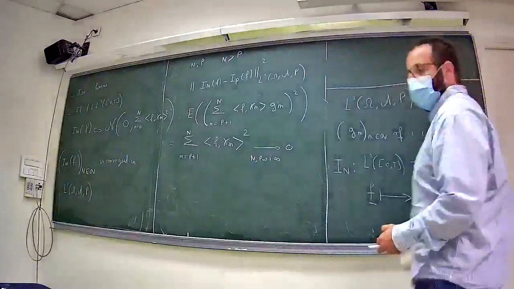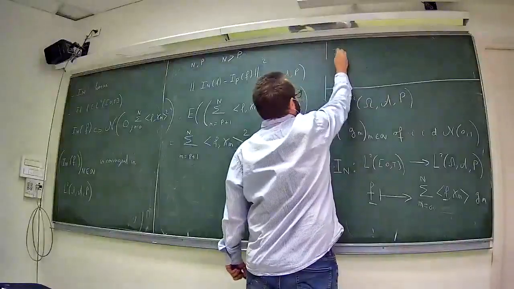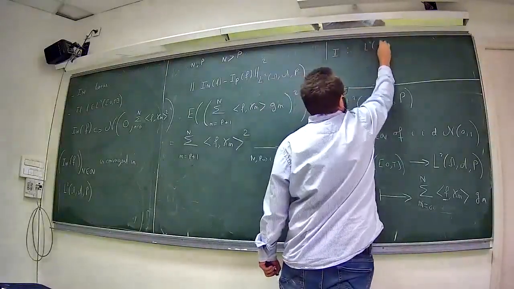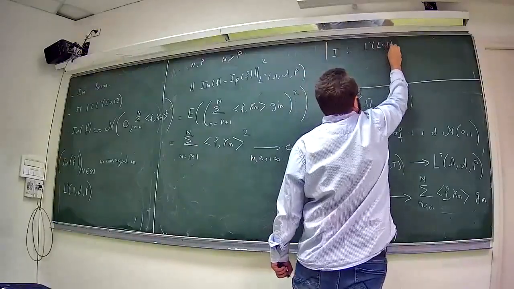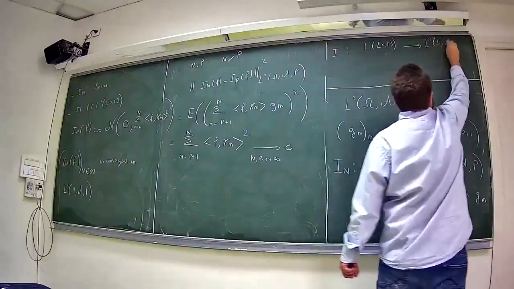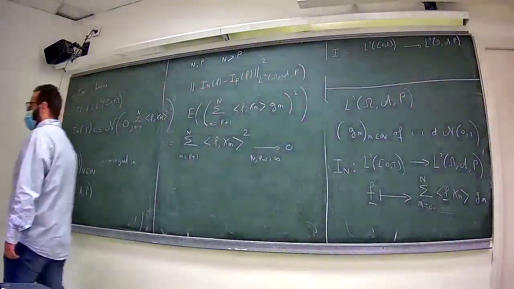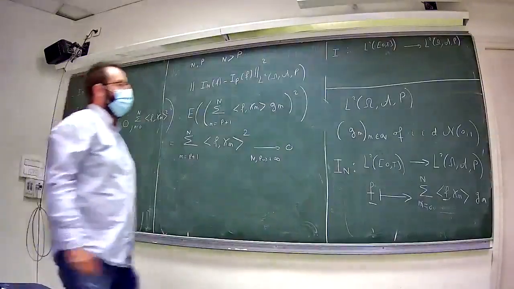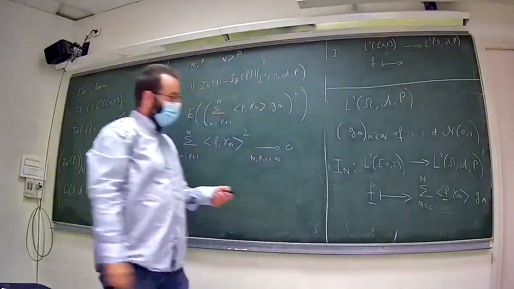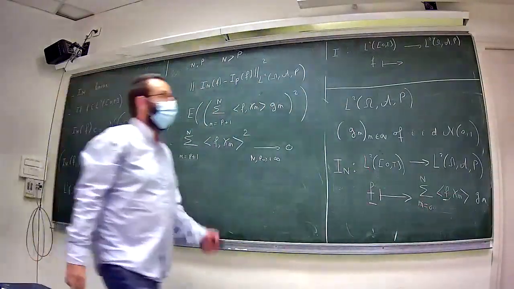Now I can define I, that is from L2 of 0 capital T into L2 of omega AP, that associates to any f, not the finite sum, but the infinite one that I know is well defined now.